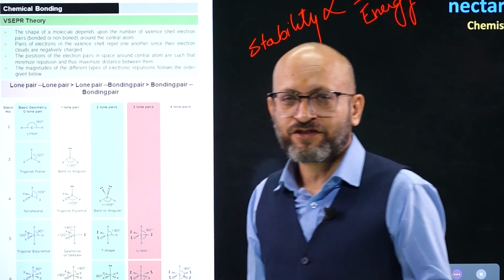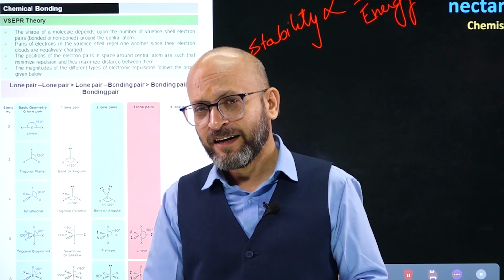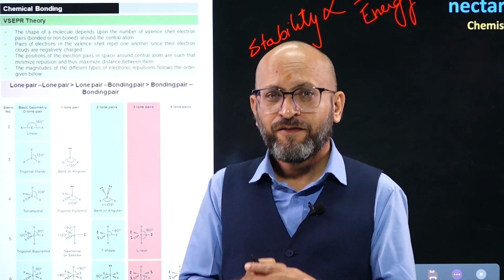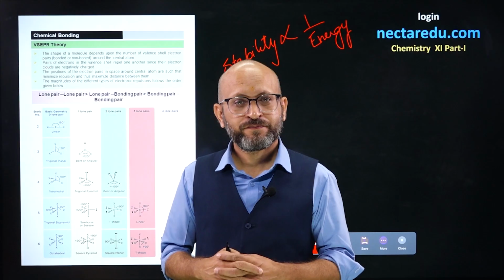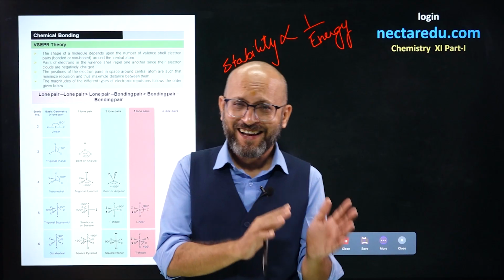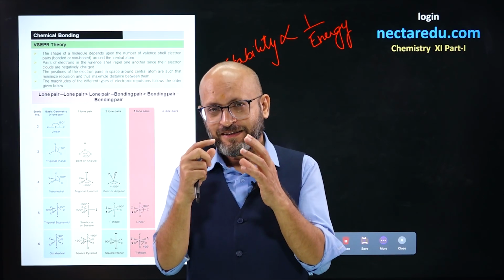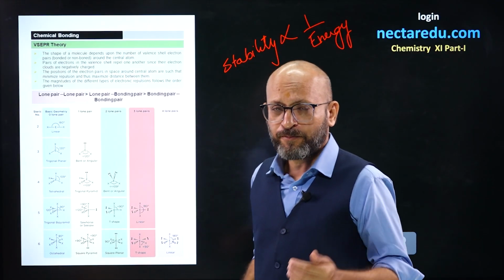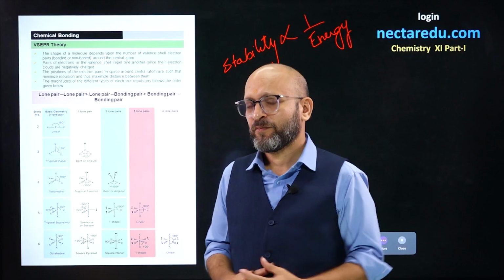So a low energy structure is a stable structure. And the energy will be low when repulsions are minimum and attraction is maximum, right? So this theory is not talking about the attractions, it is talking about the repulsions. So the shape of a molecule will be such that repulsions are minimum in the molecule.